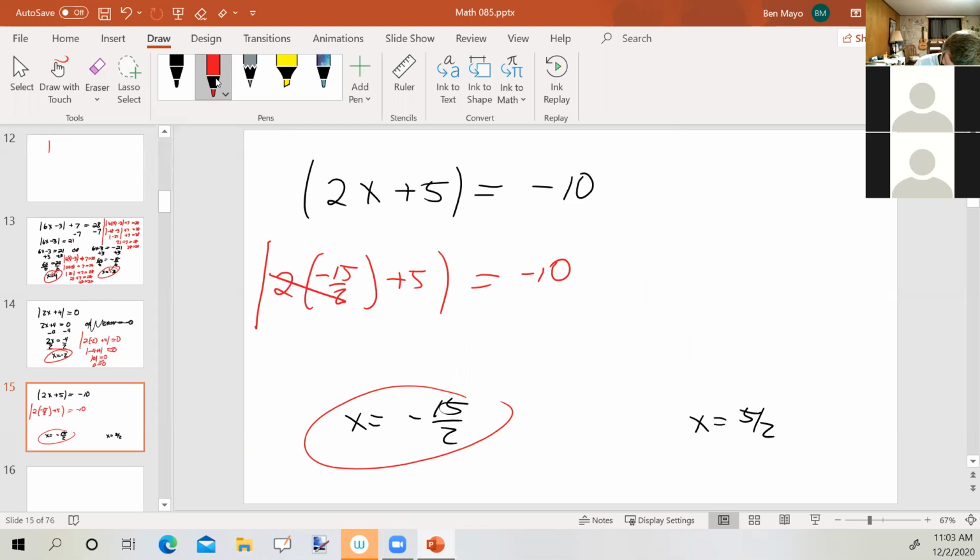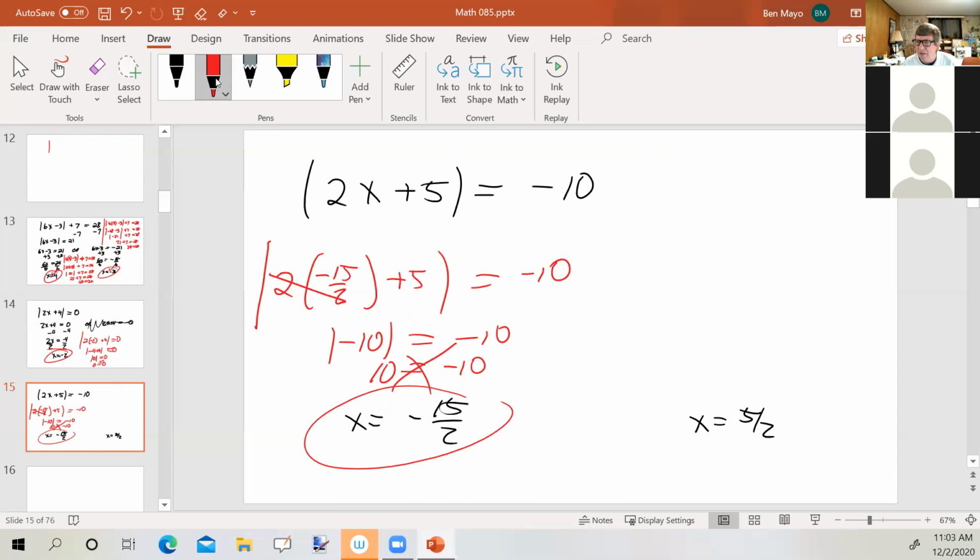Well, 2 times -15 halves would be -15. -15 plus 5 would be -10. The absolute value of -10 is 10, so we get 10 equals -10. Well, that doesn't work. So that would be a solution that doesn't work.